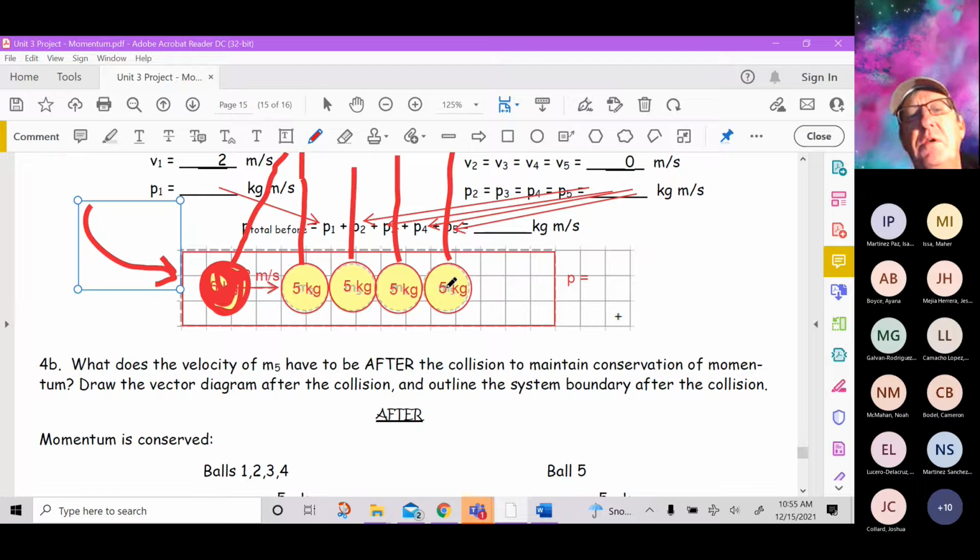So think about the first swing. That's what you're really drawing. Remember when we measured how high the ball went? We dropped it from one side. The ball swings up on the other side, doesn't it? Yeah. And we measured how high it went. That's what you're going to draw.